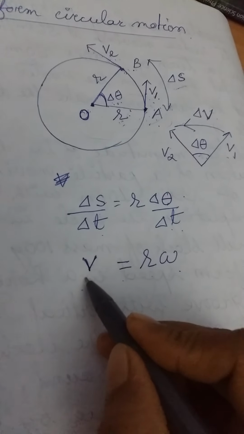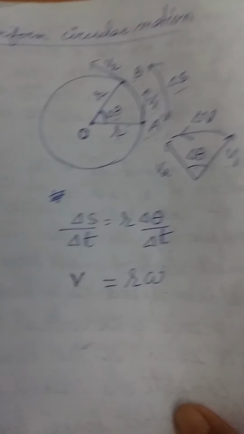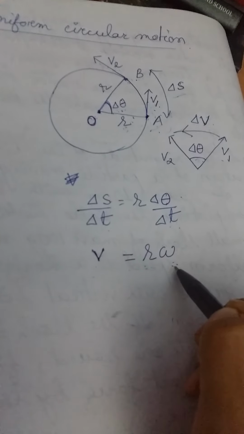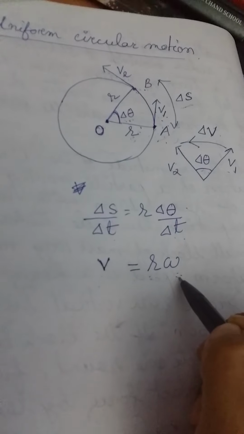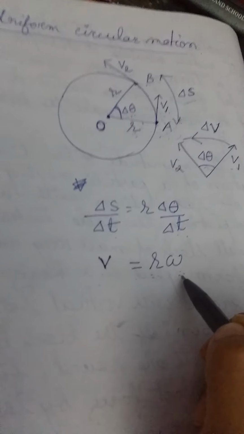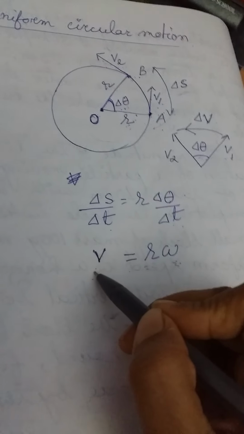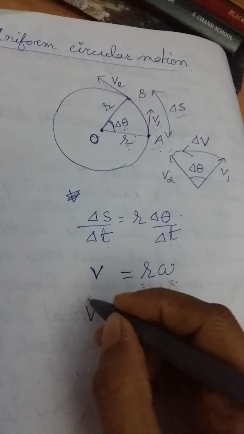So this is the relation between linear velocity and angular velocity. But velocity is also a vector quantity. Velocity is a vector quantity, so this multiplication must be a vector product. It does not represent a scalar product, because if it were a scalar product, then this quantity would become a scalar quantity. So it is a vector multiplication.